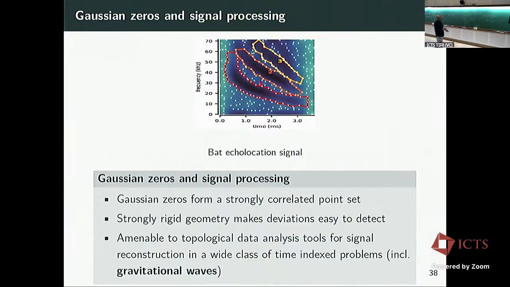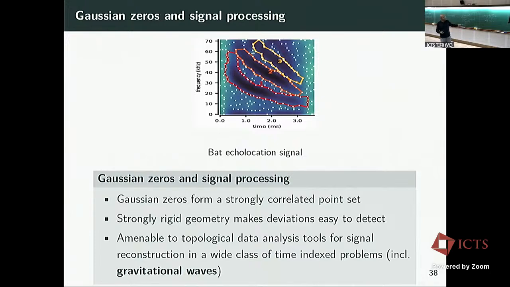And because for pure white noise the distribution of points is so spatially rigid, any deviation like this is easy to detect. In particular, because we have reduced the signal processing problem to a problem of identifying structure in point sets, and these are all two-dimensional point sets, by the way, because we are working on the complex plane, these point sets are highly amenable to very powerful methods from topological data analysis.